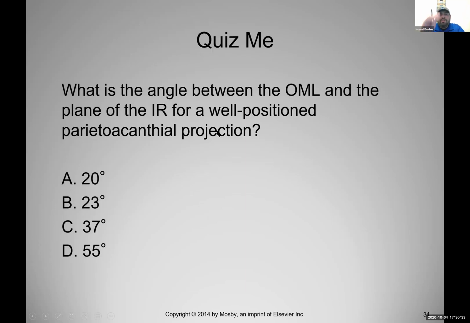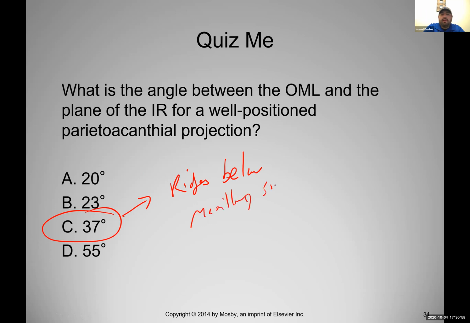All right. What is the angle between the OML and the plane of the IR for a well-positioned parieto-canthal projection? I went over this a few times already, right? So which one do you think it is? It should be 37 degrees. Now, that's important because that'll make sure that the ridges are below the maxillary sinuses.